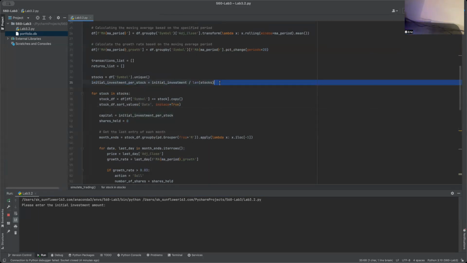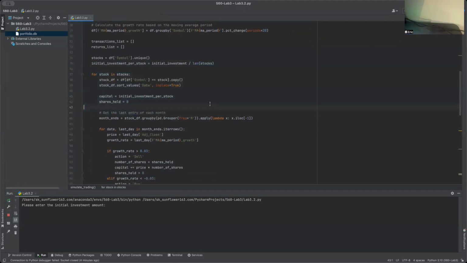So it depends on how many stocks are in the portfolio, and we're going to evenly divide it into different stocks. So in here it is 4. So the initial value is 10,000 divided by 4. So for each stock we have an initial investment of 2,500.